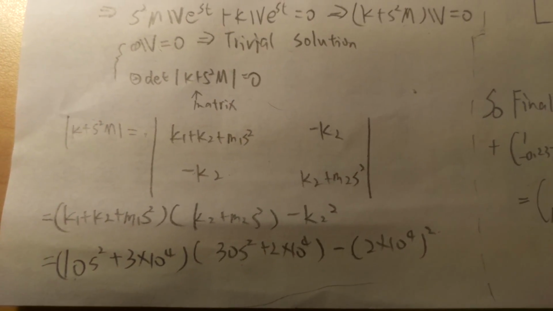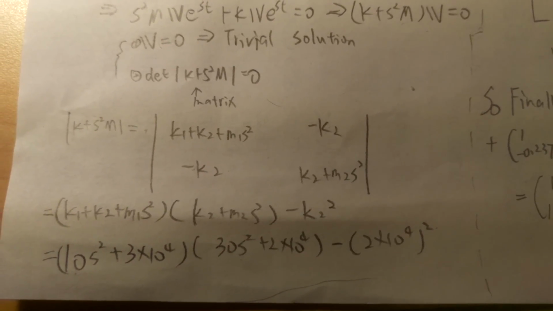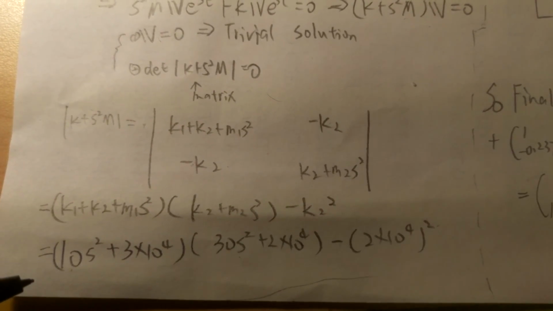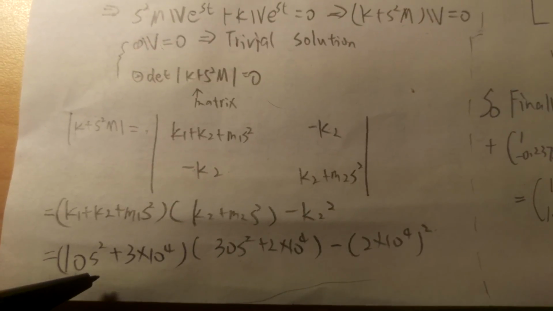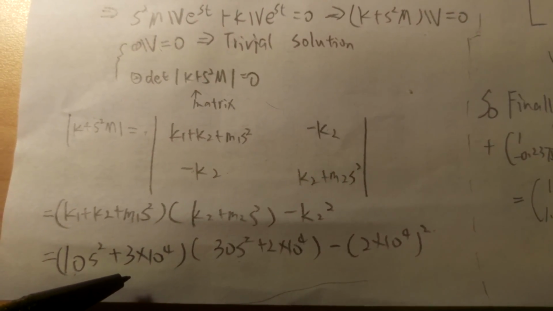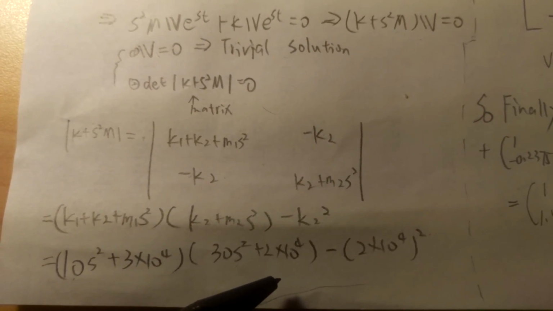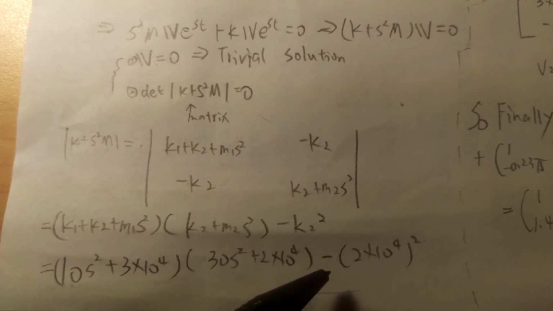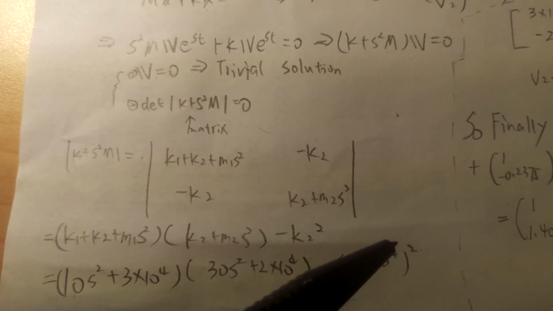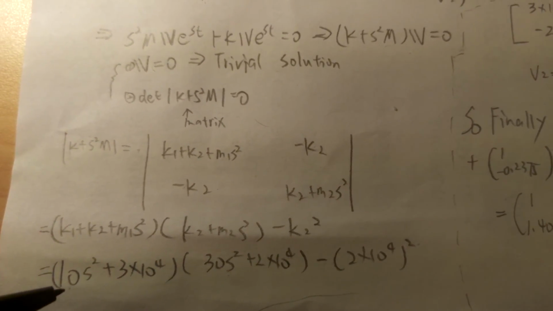K1, K2, M1, M2 are known, so we can plug in the numbers here, as we got (10 s squared plus 3 times 10 to the 4th) times (30 s squared plus 2 times 10 to the 4th) minus (2 times 10 to the 4th) squared. Then we can solve for s.